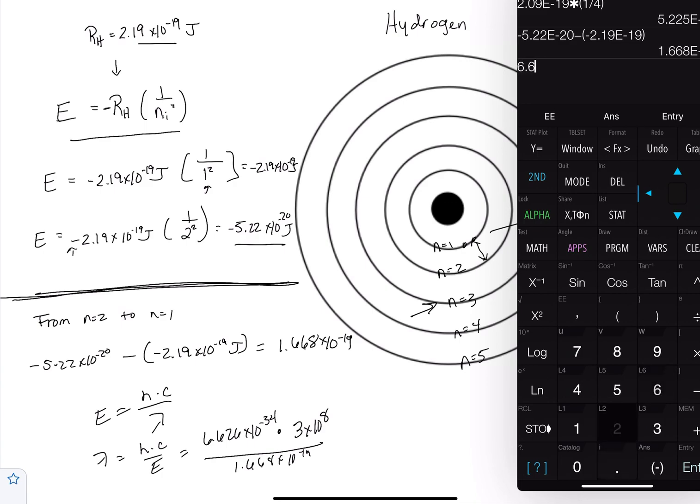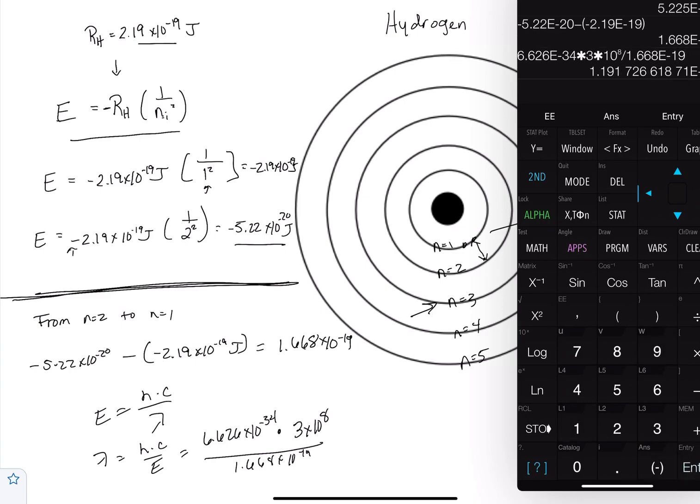So 6.626 e to the negative 34th times 3 times 10 to the 8th, divided by 1.668 e to the negative 19th. That gives us 1.191 times 10 to the minus 6th.